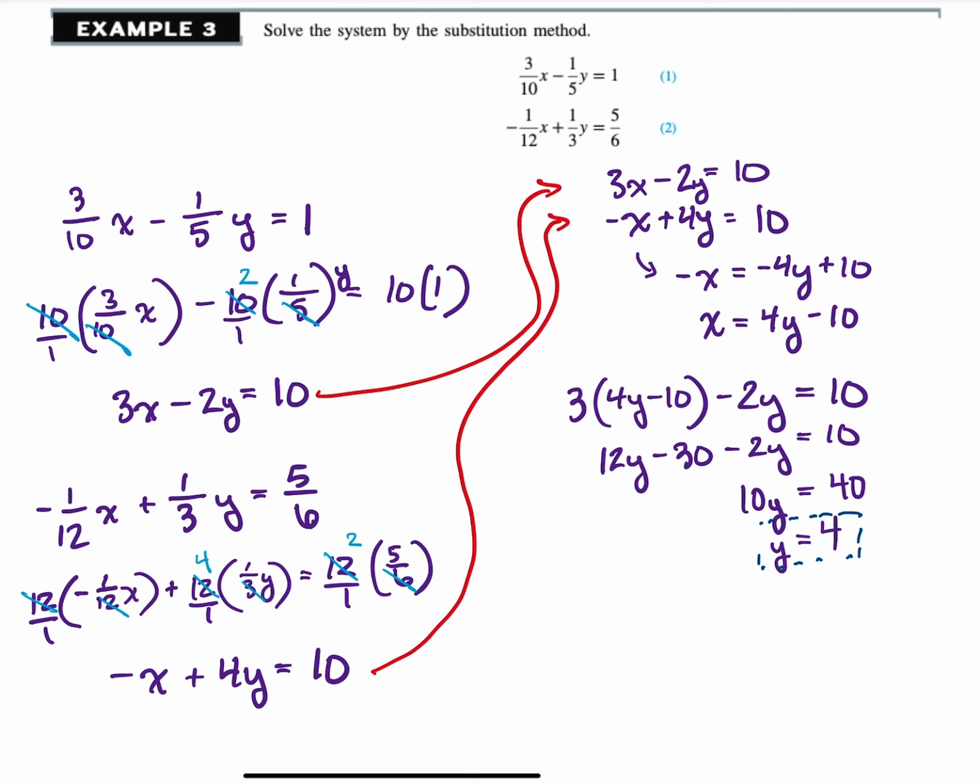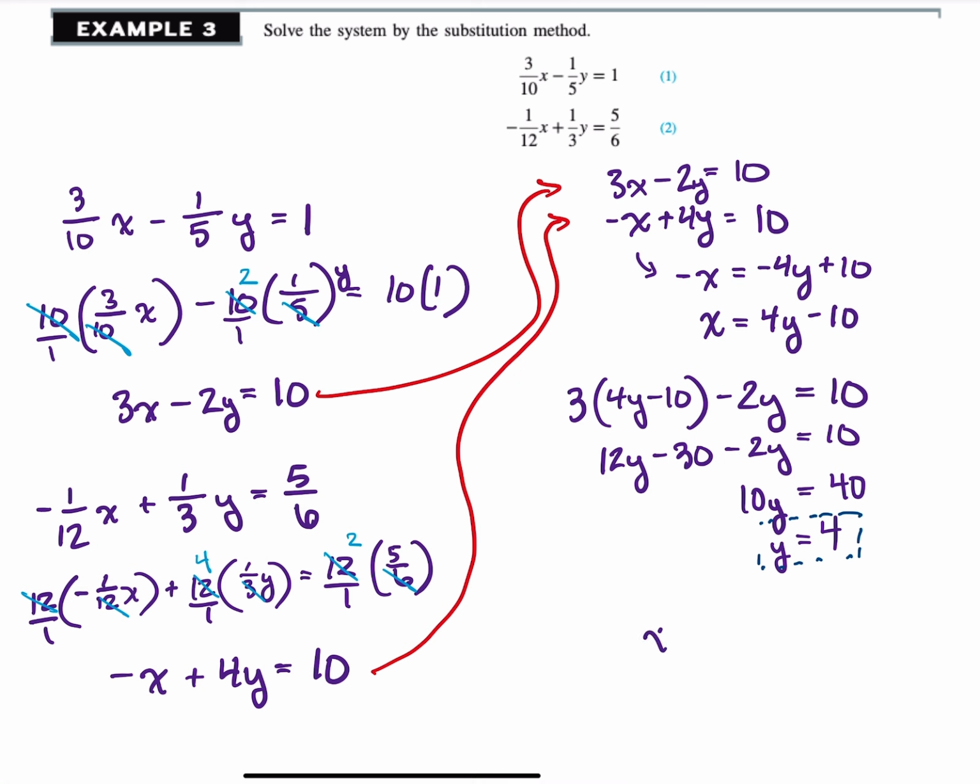Now we need to go in and plug into one of these previous equations. So let's take this one that we already solved for x. That will make finding x very easy, because this is still equivalent to our second equation. We just move things around. So you can plug into this modified version.